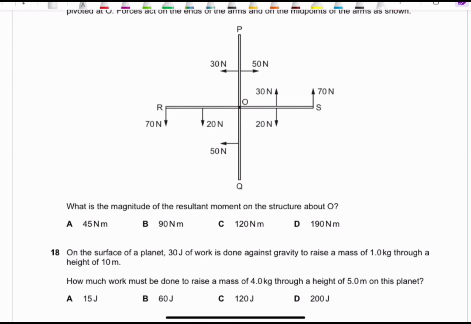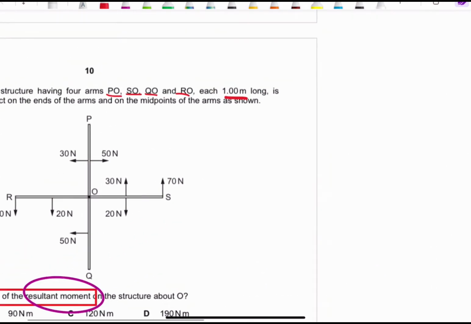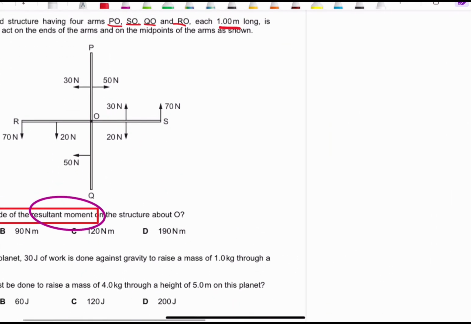So what I want you to bear in mind is this aspect of this question. But most importantly, what I'm interested in is the resultant moment. How do you find the resultant moment?